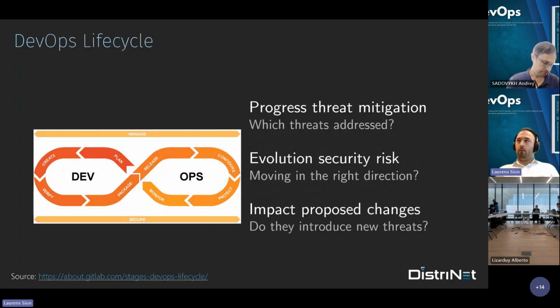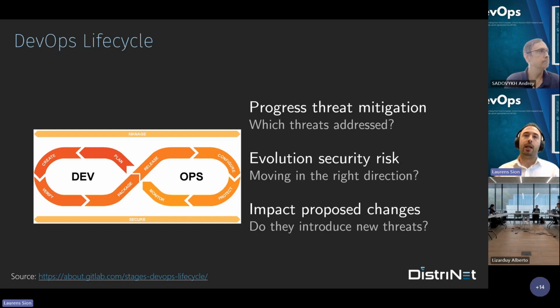And when you want to apply these techniques, having this kind of support allows you to reason about a number of important concerns, like what is the progress that you're making in addressing different kinds of threats? How is your risk evolving over time? Are you making progress in the right direction? Are you addressing the key threats, or do you still have a lot of open issues?